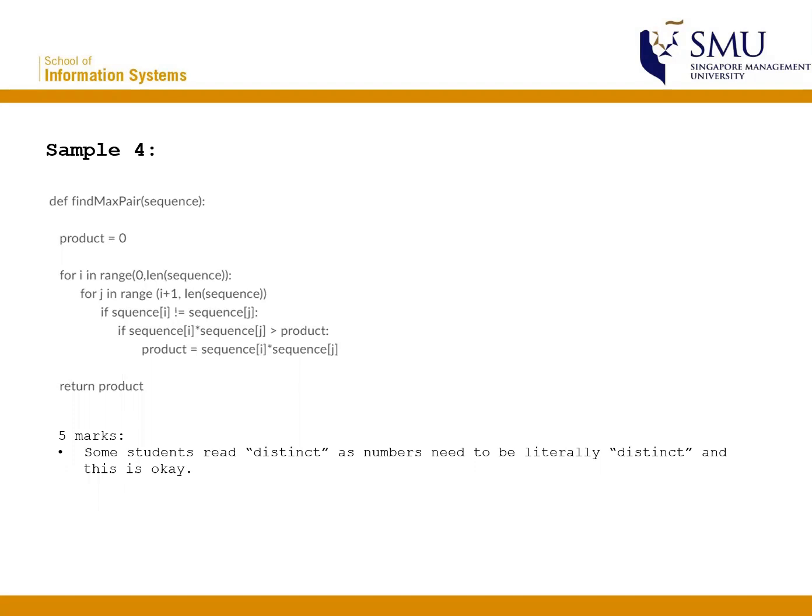So in this case they will have the if condition that if sequence i does not equal sequence j, which means comparing the two values instead of two positions. Remember i and j here represent the position of the number, whereas sequence i and sequence j are its real values. Such constraints on the pairs of two numbers are also okay, so you will also get 5 marks.